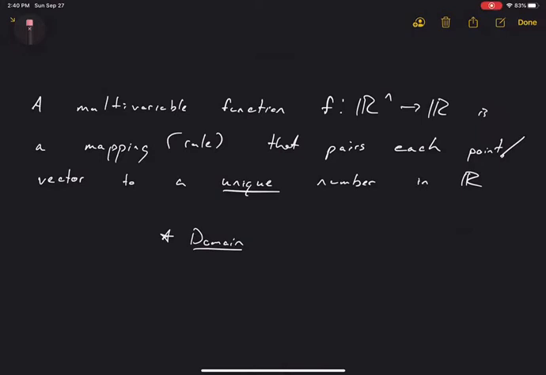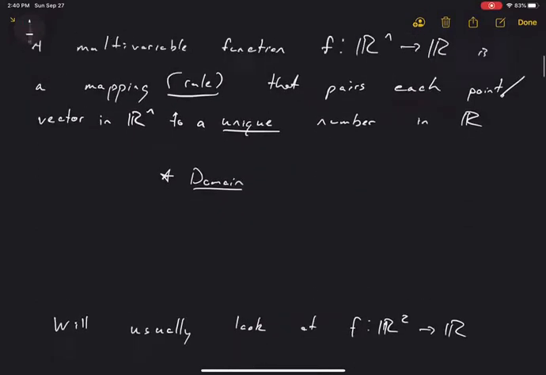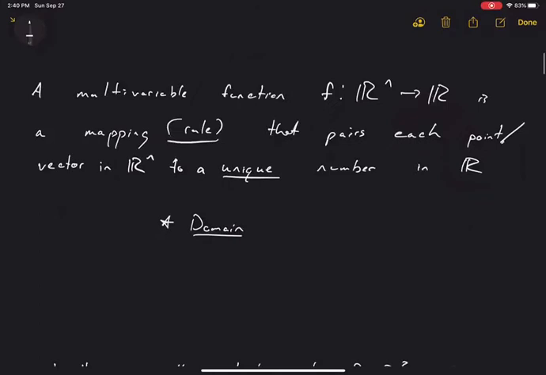A multivariable function, f from Rn to R, is a mapping, or a rule, same thing, that pairs each point or vector in Rn to a unique number in R. Maybe our function won't be defined on all of Rn.